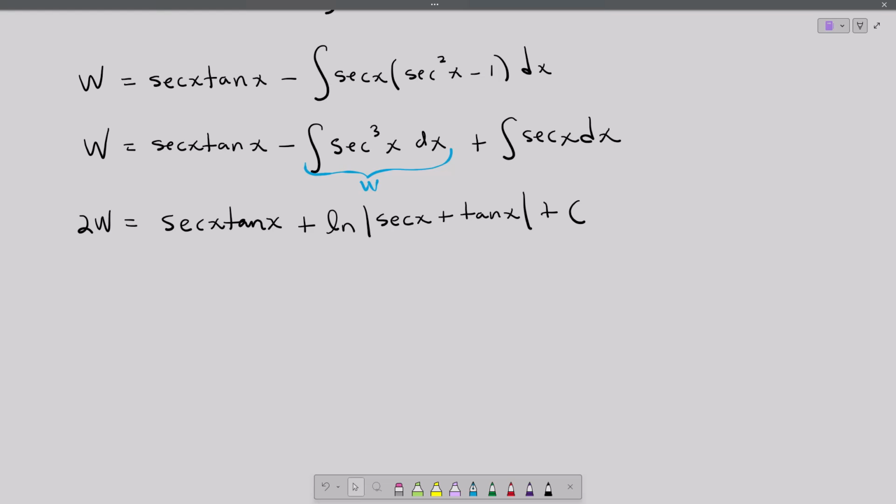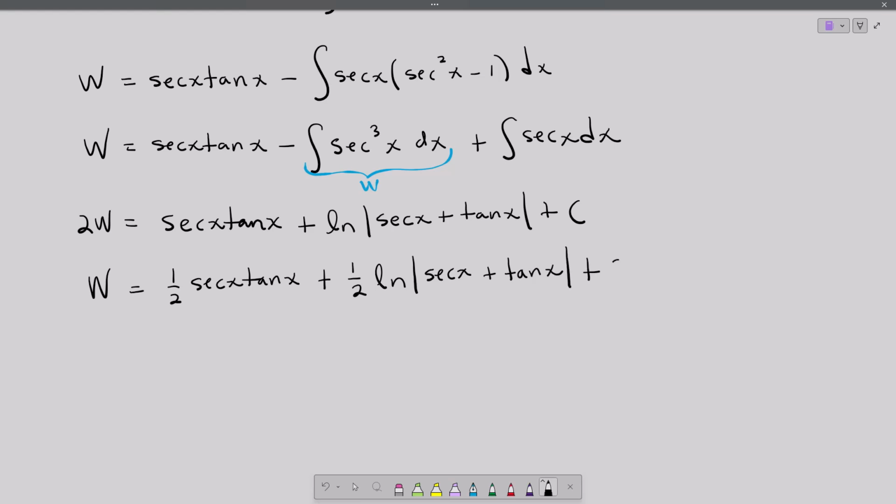We want w to be all by itself, so we isolate it by dividing by 2. And so our final answer would be 1/2 secant tangent plus 1/2 natural log absolute value of secant plus tangent, plus c.